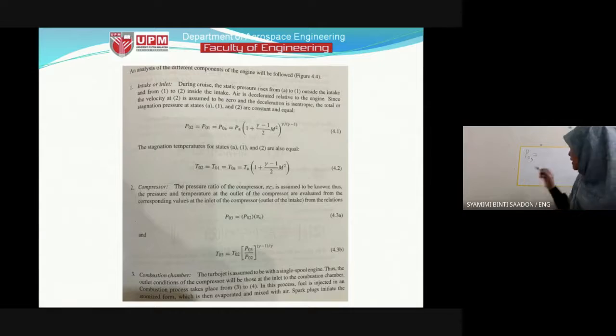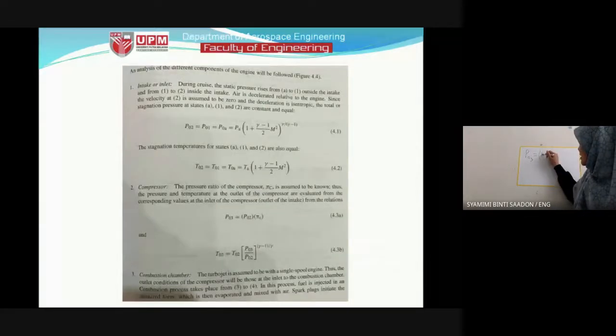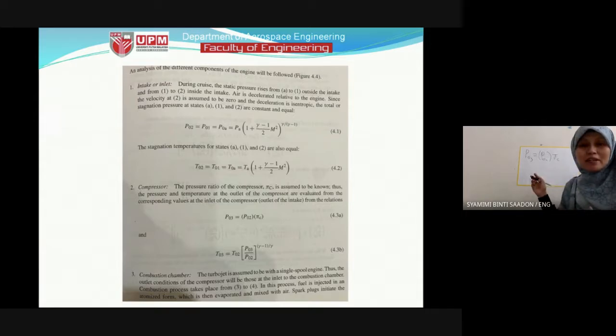So P total 3. Since we have pi C, pi here is the compressor pressure ratio, just now 12, right? The compressor pressure ratio is noted as pi. So we use this one because we have the value of the compressor pressure ratio.